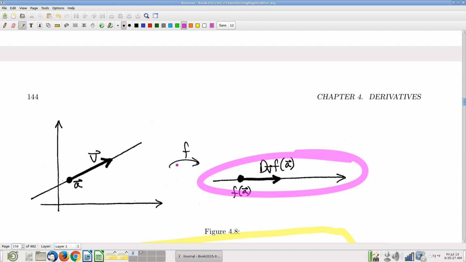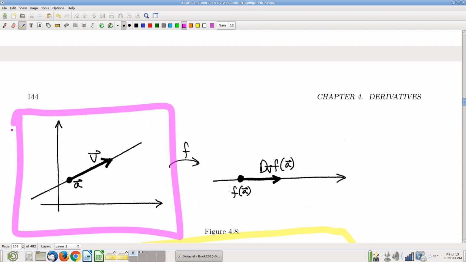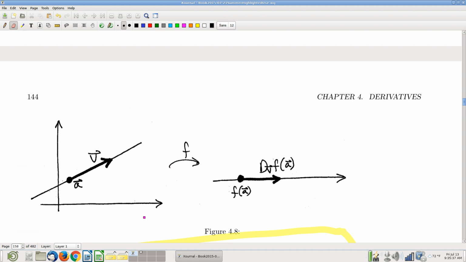It represents, let's say, temperature. So maybe here's the map of our local region where we live, and there's a function that tells you at any given point where you might happen to be, there's a corresponding temperature at that point.